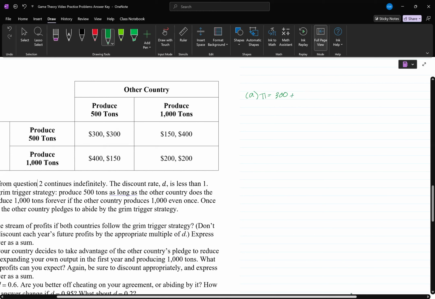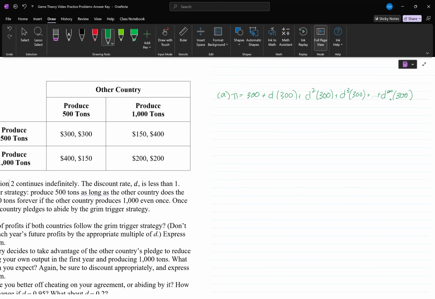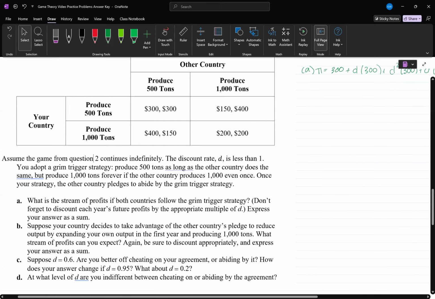So in that first round, we have d to the 1 power times 300 plus d squared for that second period times 300, and so on until we get to d to the infinity times 300. Okay, so that is our sum of our profit if we both cooperate.